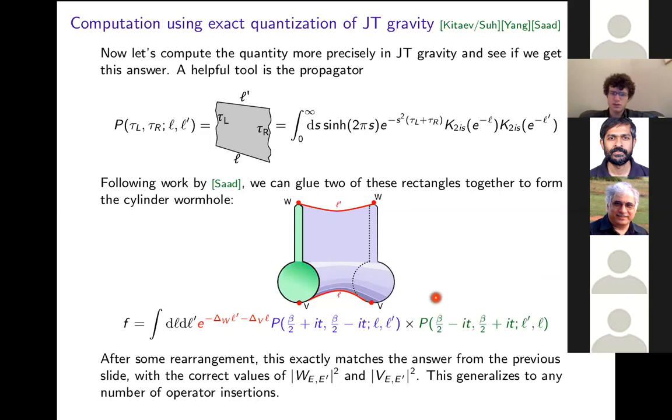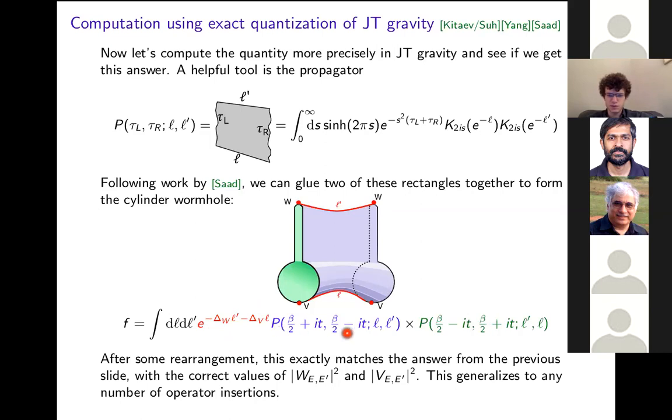The matter is included by including the quantum 2-point function of the matter of the inserted operators, these W operators. And that means that you should weight this configuration by e to the minus the length between those points. So these are these red factors here. That's the contribution of the matter.